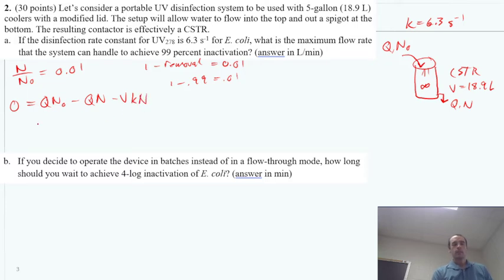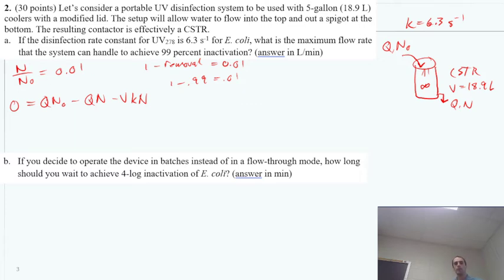So that'd be VKN. And from here, we've solved this many times, so we can get that essentially to, well, we're solving for Q in this case, right? So it's going to be a little different. I'll just work from here to solve for Q, because a lot of times we've solved for N over N naught, but we already know that.